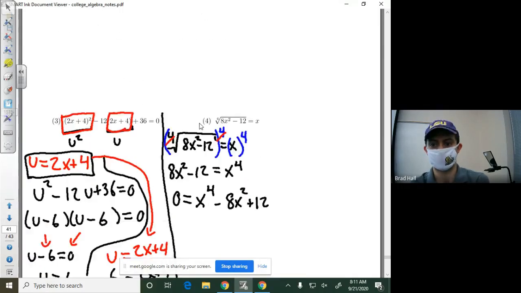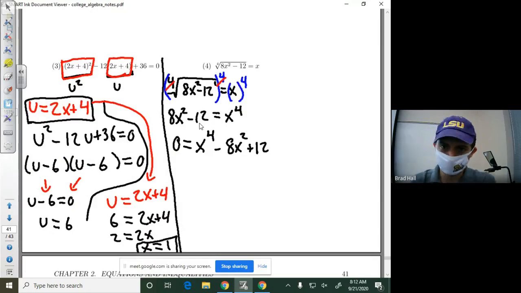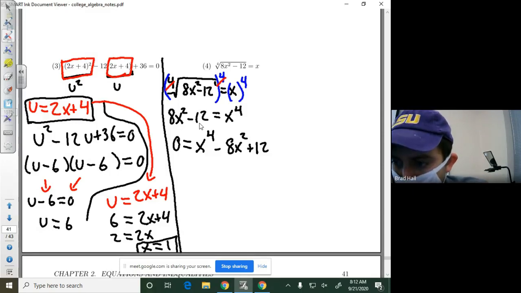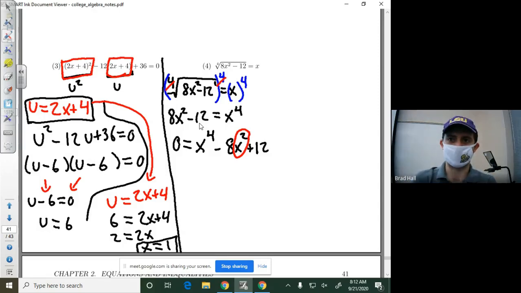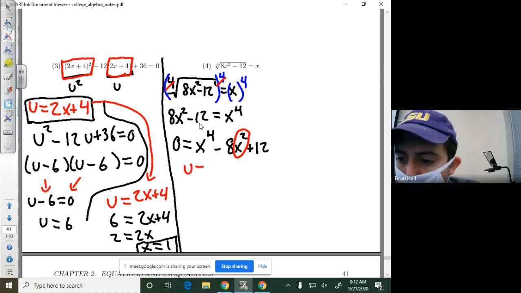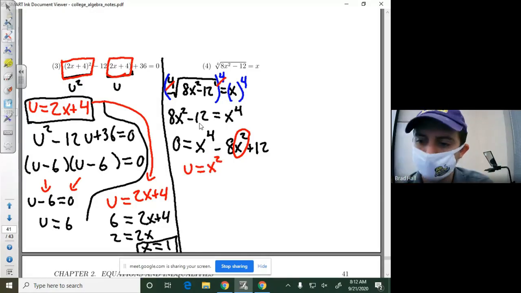If you need a refresher, we used a U substitution where generally the middle variable expression gives us a good idea as to what U is. So here, U is x squared, and by extension, U squared would be x to the 4th.